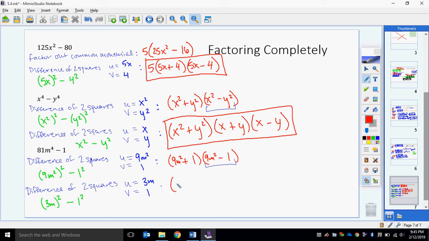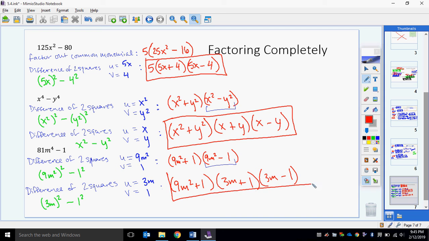Remember, I haven't touched this, so drop him down: 9m squared plus 1. But this is the difference of two squares, so it gets two sets of parentheses. One's plus, one's minus, and fill in with what you know. The first part is the u, that's our 3m. Second part is the v, that's our 1.